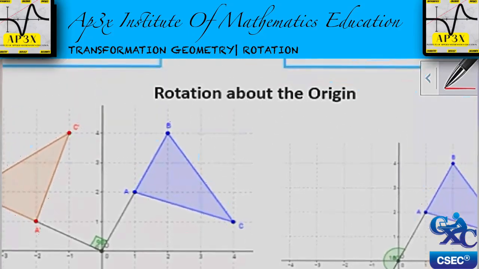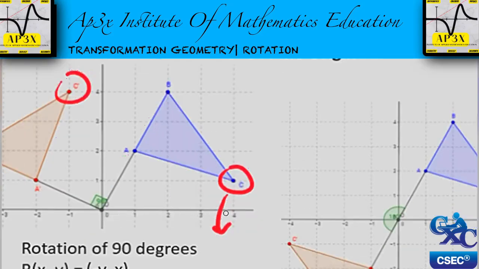Now let us observe this from a numerical perspective. I'm going to be making a comparison between point C and C prime up here. Point C works out to be 4 to my right and 1 up. By comparing it to its image, you'll recognize that to get to C prime, you have to travel -1 and up 4.